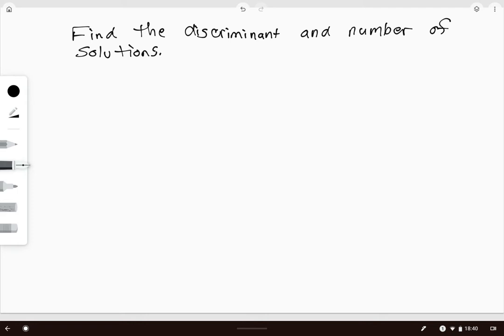The problem is to find the discriminant and number of solutions. So if I were to write the quadratic function, and you should write this with me at home for an example, I have x squared minus 3x minus 4 equals 0. My discriminant is going to be b squared minus 4ac.